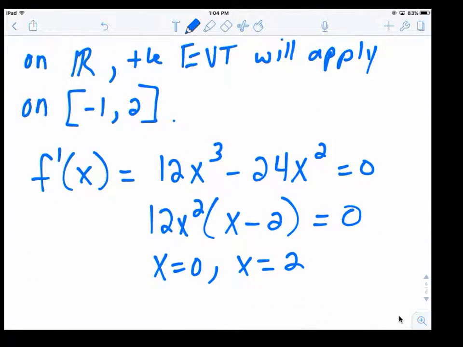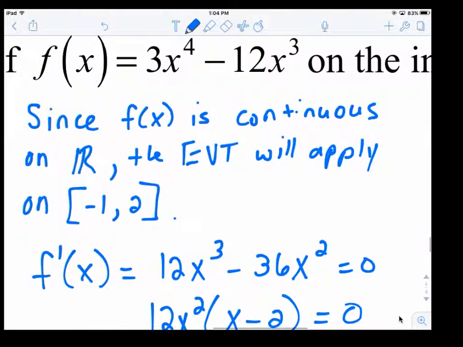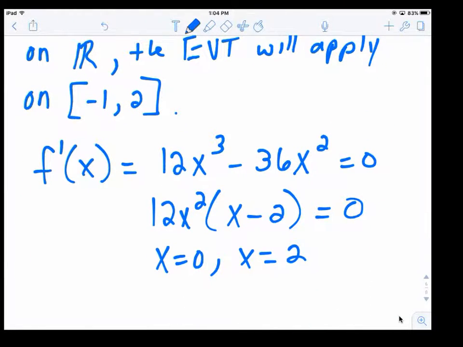Yes, it would. So that would be what? 3, right? And that would be 3. Okay, so again, you want to make sure that you're looking at your interval. So I know 0 is on my interval, so that's good. 3 is not, so I'm not even going to use it. Because this is what they give you, right?